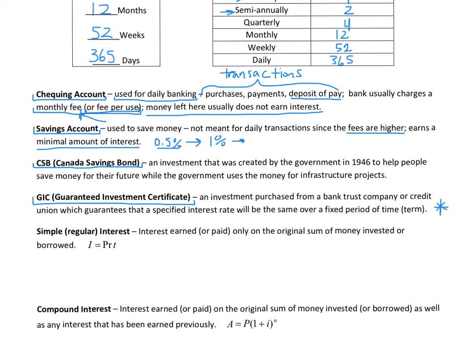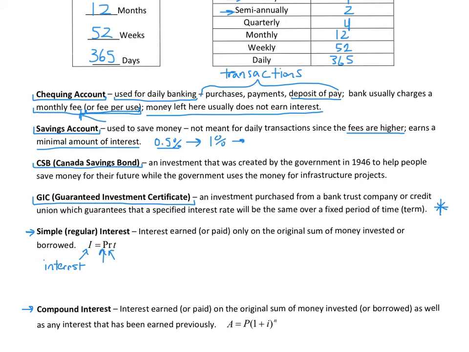Now, in terms of interest, this is where our focus is going to be. We'll be calculating the interest just so you get an idea of how that works. There's the thing called simple interest, where you only earn interest on the original sum of money invested or borrowed. So your interest, capital I, is going to equal P r t. Your P is your principal amount as defined above.